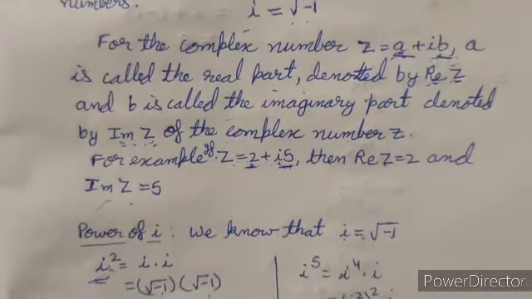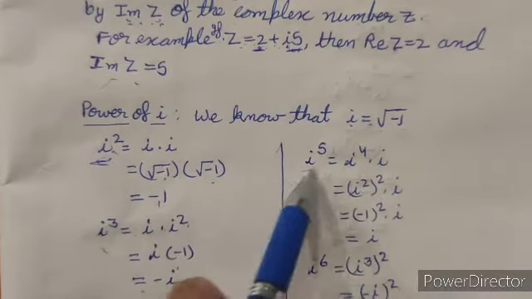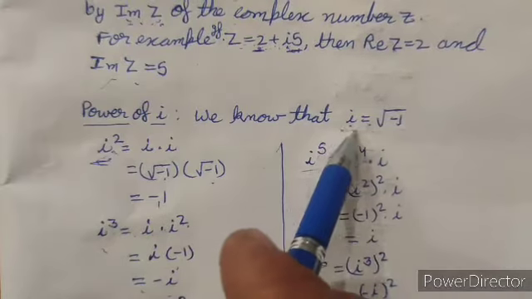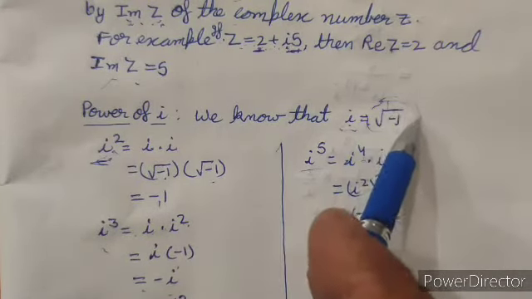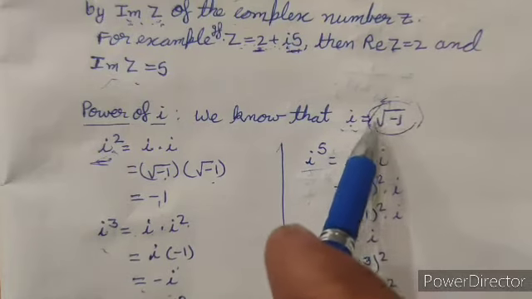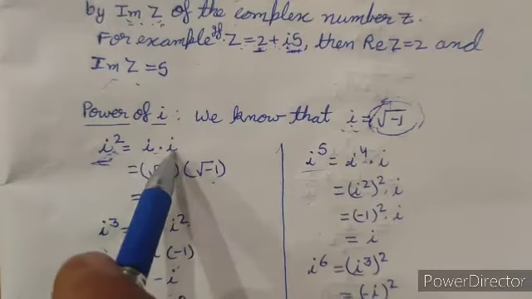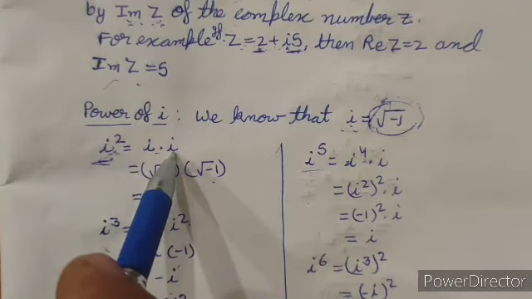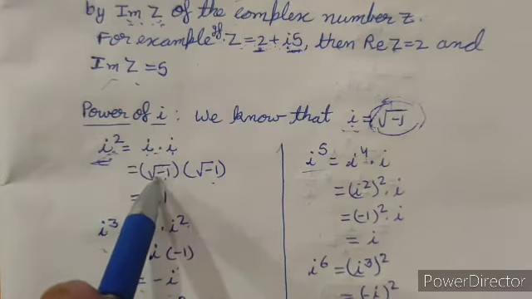Now, powers of i. As we know that i is equal to root minus 1. Now, it is called an imaginary number as root minus 1 is not a real number. Now, i square will be equal to i into i. And as we know, the value of i is root minus 1.